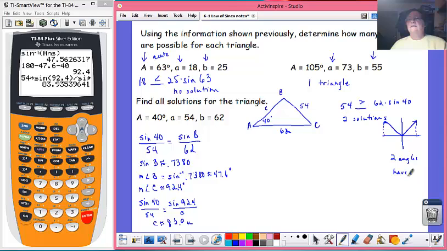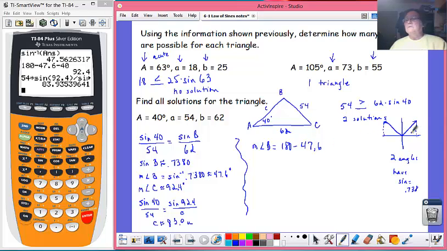Two angles have sine equal to 0.7380. And we only have talked about one of them. To find the other, we have to do 180, which would be all the way across here, minus that 47.6. So in our second triangle, the measure of its angle B is going to be 180 minus that 47.6 degrees.